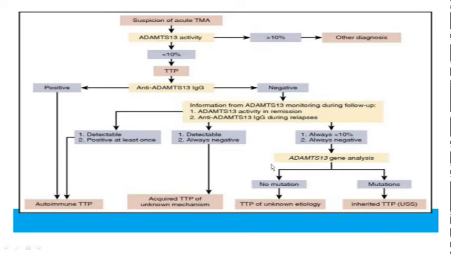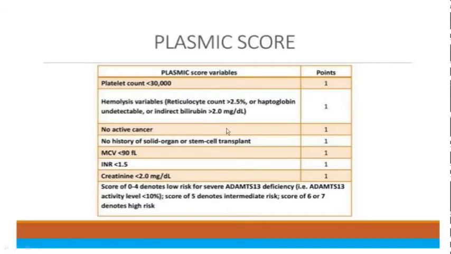So roughly you will find the ADAMTS13 activity less than 13% in most cases of TTP. This graph is not practically important from your point of view. This is a PLASMIC score, which is again beyond the scope of this lecture.